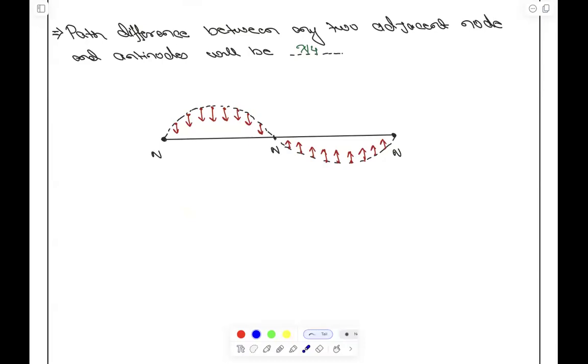What can you conclude from this diagram itself? This is, I am writing for half oscillation. Anyone? From this diagram, what can you conclude?